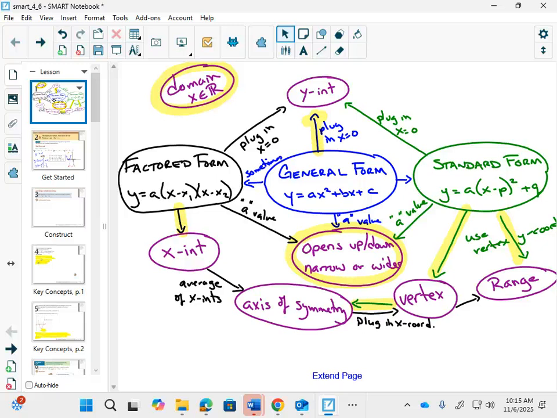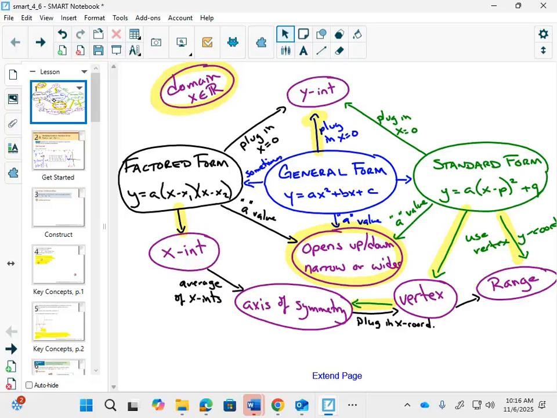Now the general form is basically useless. But off of the general form, I only have two arrows going off it. You can plug in x equals 0 and find the y-intercept. Your general form is really good for finding the y-intercept.